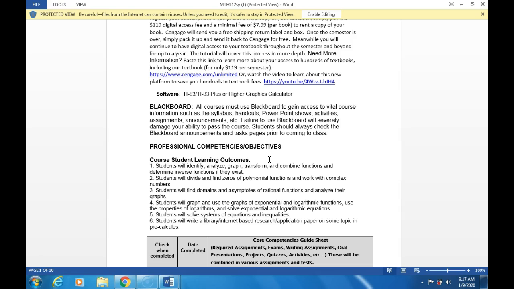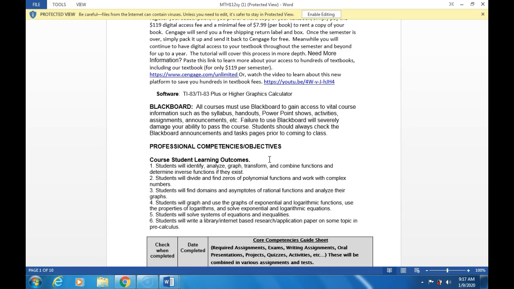That's chapter 2, 2.1 to 2.5. That's polynomial functions. Students will find domains and asymptotes of rational functions and analyze their graphs. That's 2.6, rational functions. So chapter 2 is polynomial, 5 sections, and rational functions, 1 section. So there's your polynomial and rational functions.